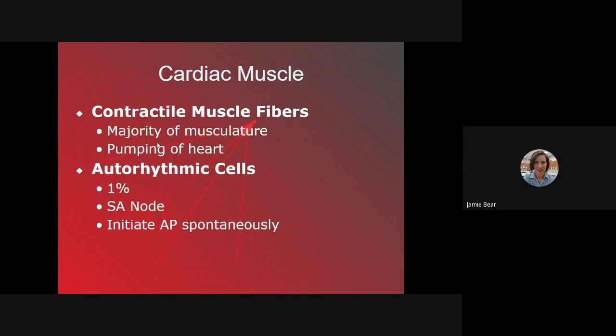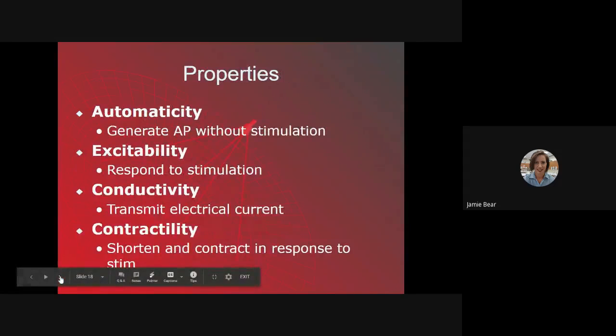They're the ones that are responsible for pumping the heart. And about 1% of those are what we call the autorhythmic cells, or the SA nodes, okay? That's what they were showing on the video we watched. What that means is that these can initiate an action potential spontaneously, okay? So this is under autonomic function of the nervous system. It's not something we have to say, okay, heart, you need to beat now.